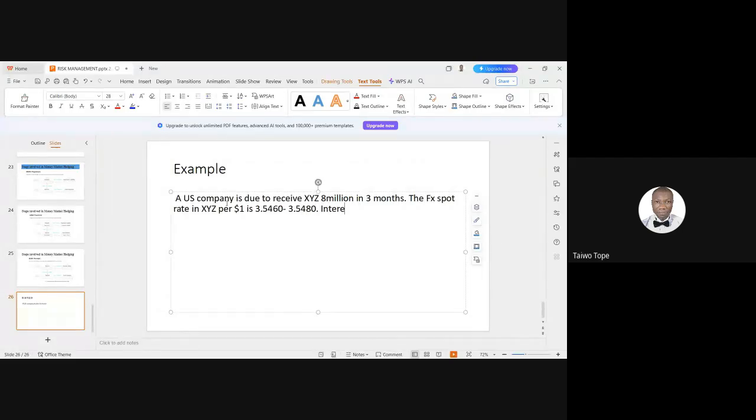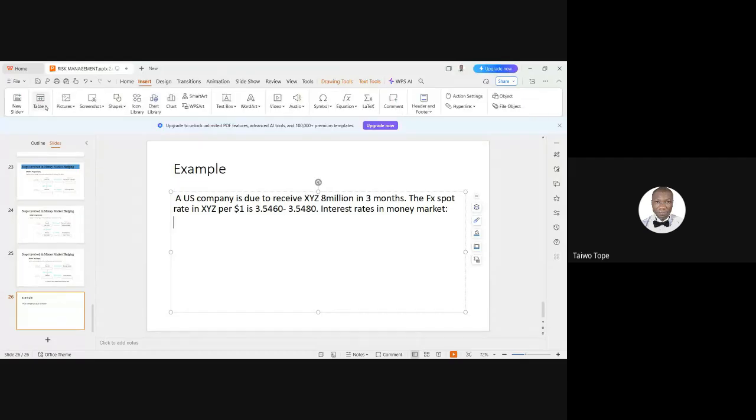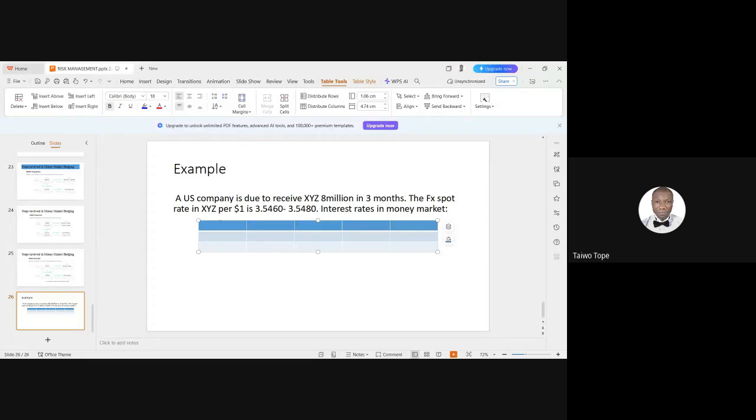Interest rates in money markets include the following. Interest rate in the money markets, let's say XYZ, and US is dollar.